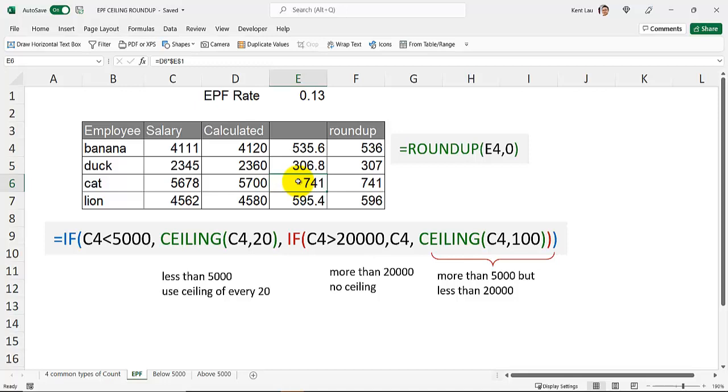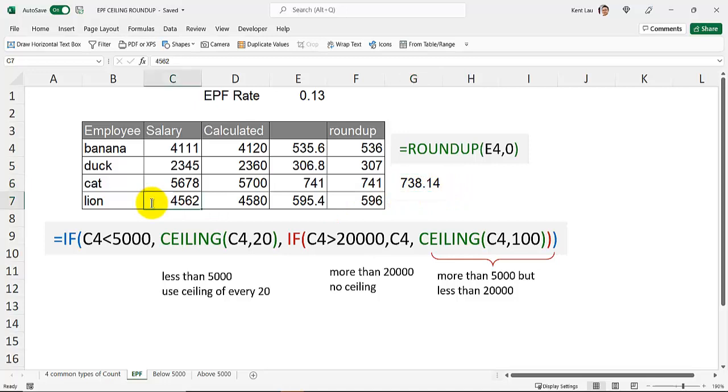Oh no, actually this 13% is the employee side. So you actually pay slightly more. If you originally do it, it will be just this one times 13%, which is 73.8. So it's about 2 ringgit plus difference.